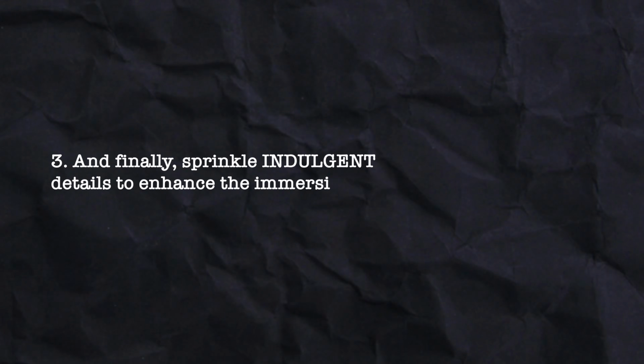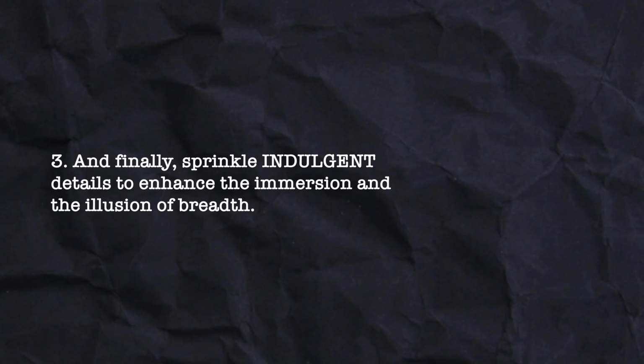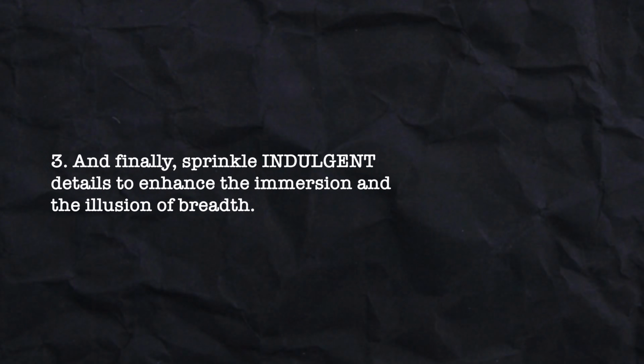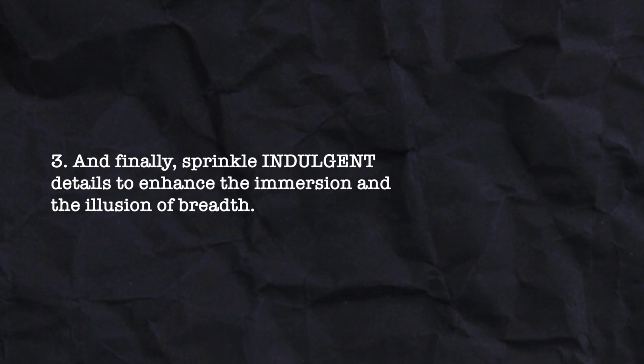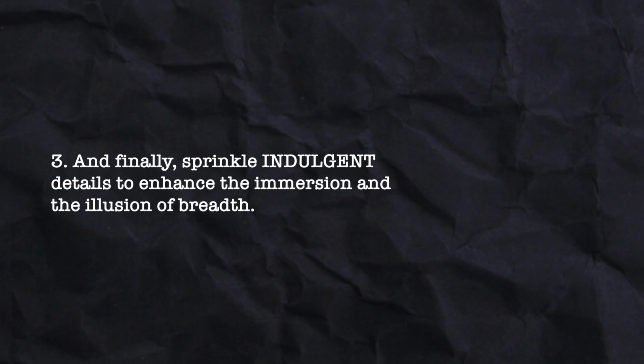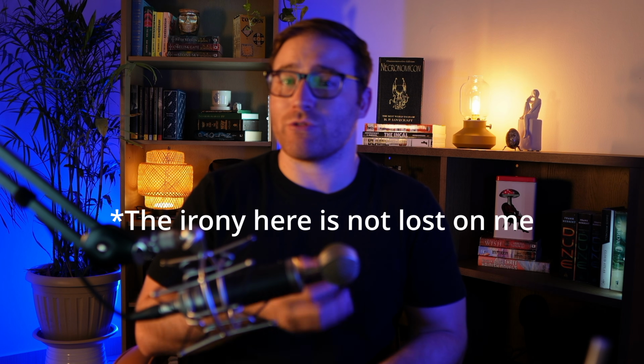And finally, the indulgent details will be a select few elements that you will go into great detail to build immersion, establish trust with your audience, and create the illusion of depth and breadth. It is important too to keep in mind that different genres and mediums and even subgenres might shift the percentages and the focus of what exactly you should be world building.